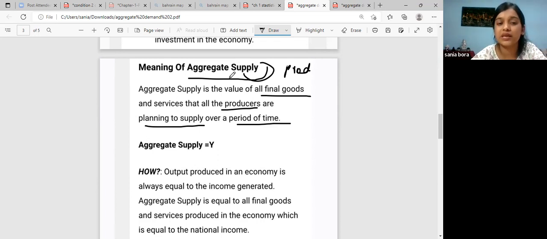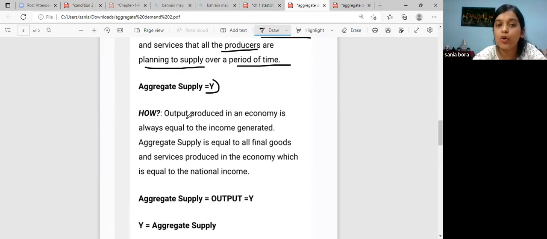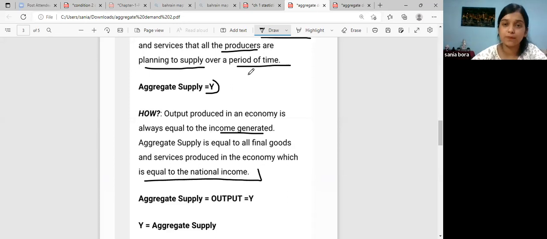And aggregate supply equals your income. Output produced in an economy is always equal to income generated. Aggregate supply is equal to all final goods and services produced in an economy, which is equal to its national income.